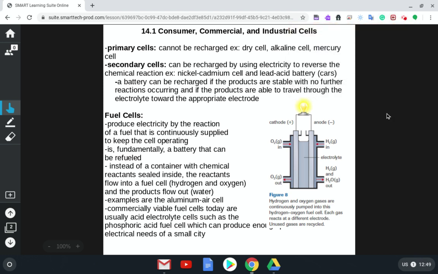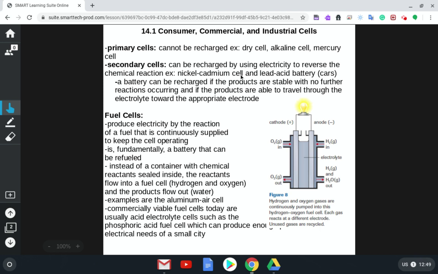Next page. We talked about earlier that primary cells are batteries that cannot be recharged, such as dry cells, alkaline cells, and mercury cells. Most of the cells we use now are secondary cells, like when you think about charging your phone. They use electricity to reverse the chemical reaction.